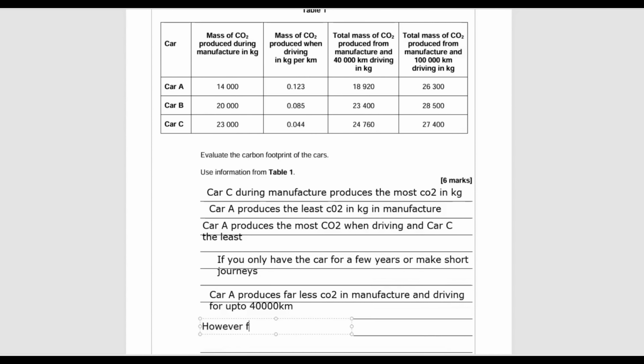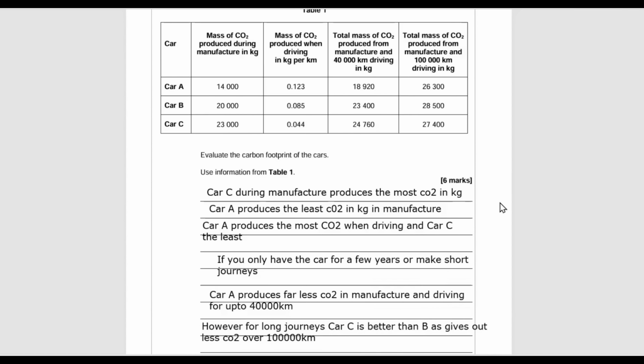however, for long journeys, car C is better than B, as it gives out less CO2 over 100,000 kilometers. I don't mean no one's ever going on a 100,000 kilometer journey, but what I mean is if you're driving the car a lot and you use your car a lot, car C becomes a better option.